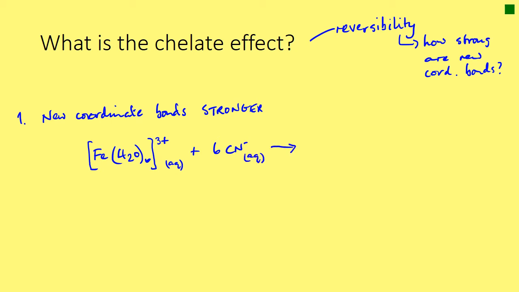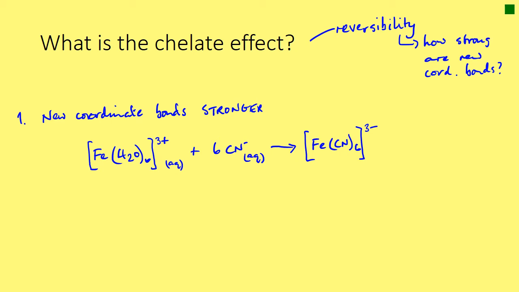Then what you would get is a cyano-ion complex with 6 cyanide ion ligands surrounding the central iron 3 plus ion. Each cyanide ion is 1 minus, and there's 6 of them, so that more than cancels out the 3 plus charge on the ion to leave the complex with a 3 minus charge.